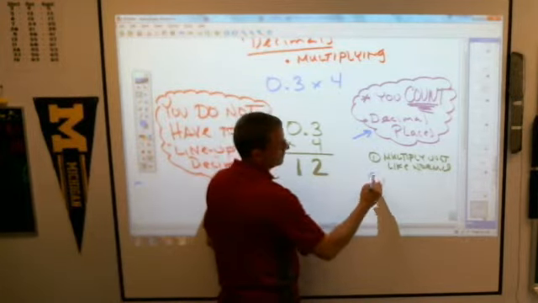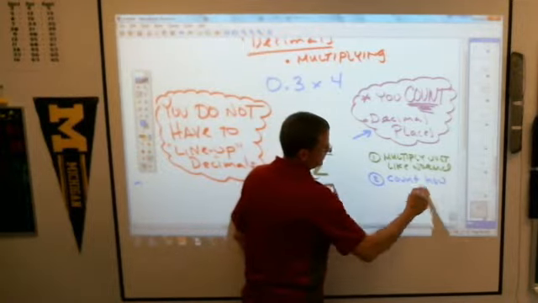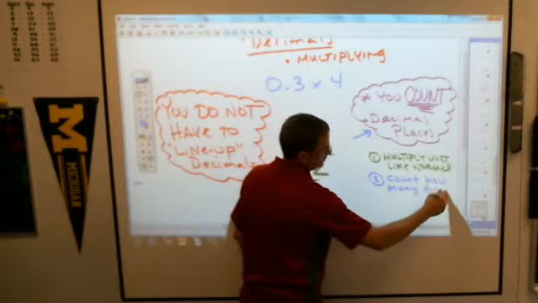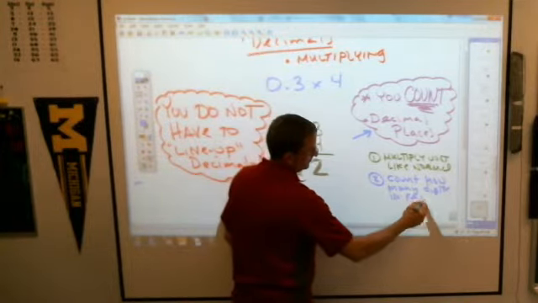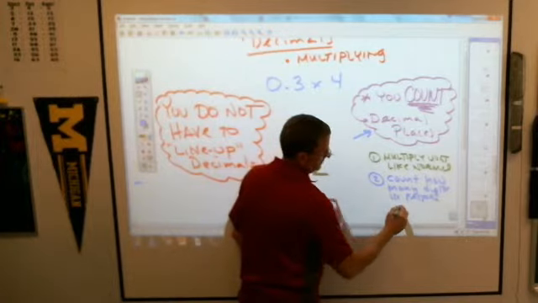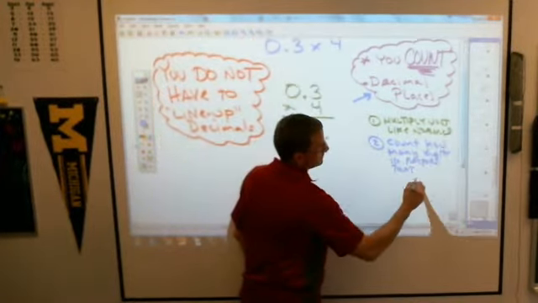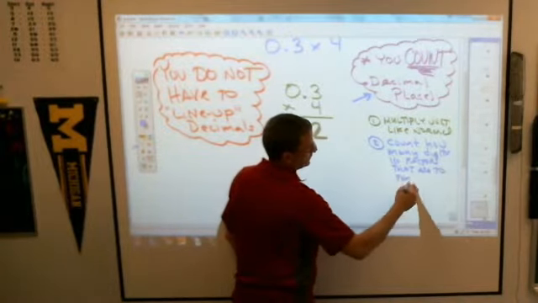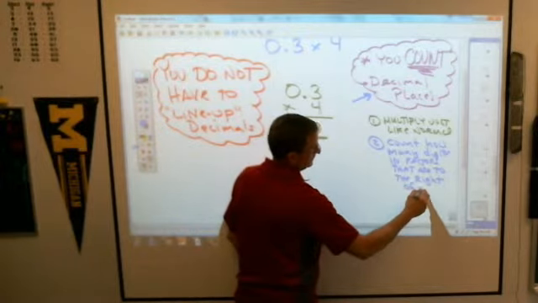Step number 2 is you need to count how many digits, we'll use a math term here, in the factors that are to the right of decimals.